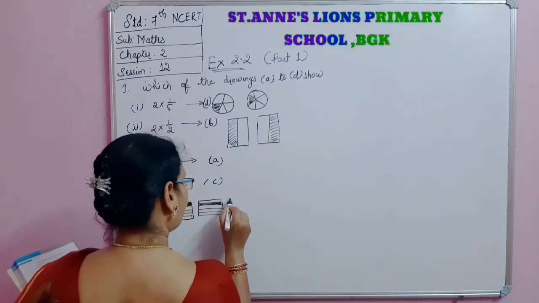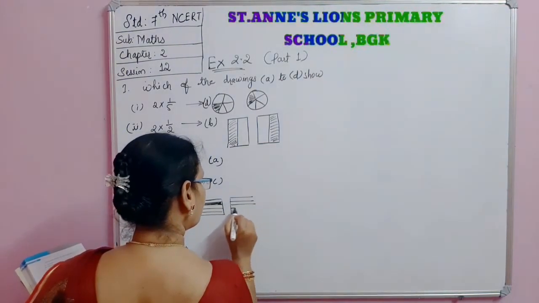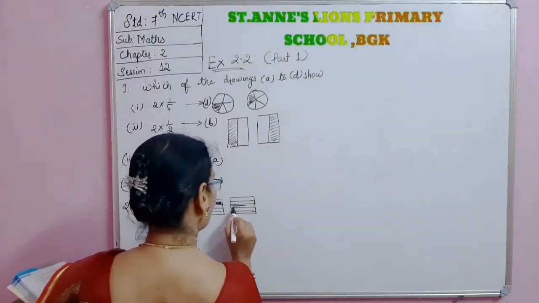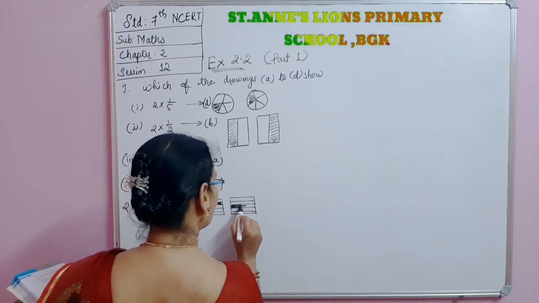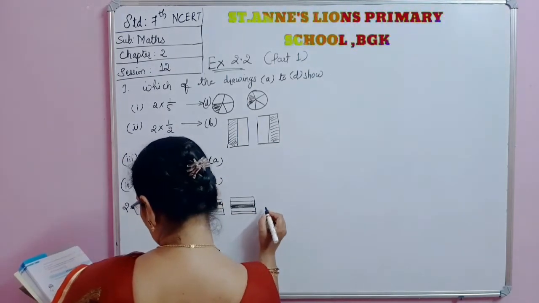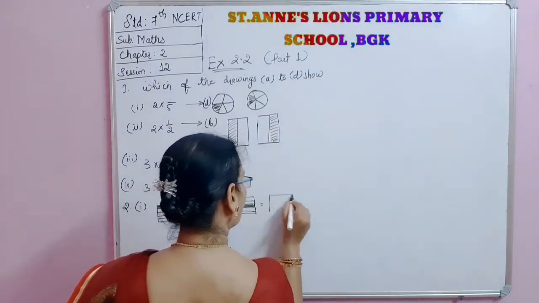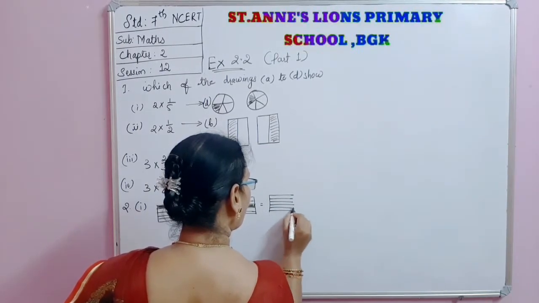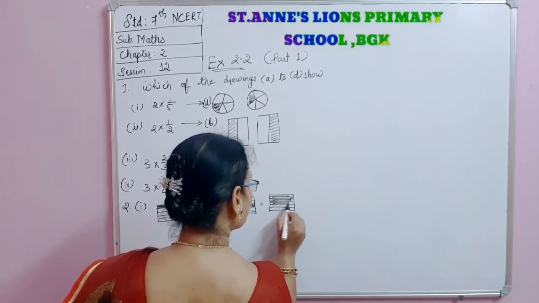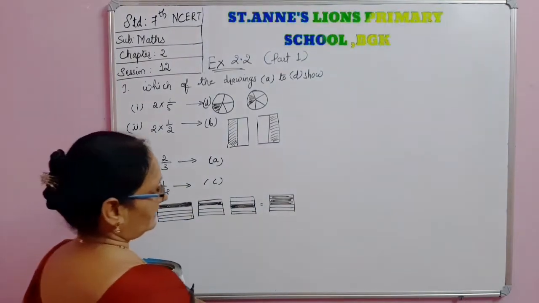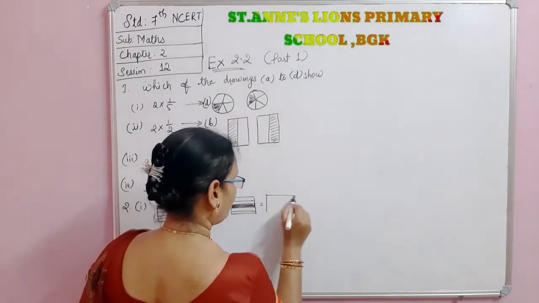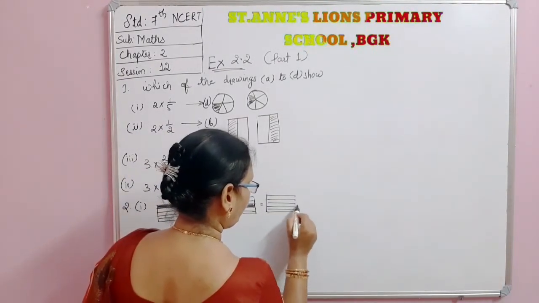Then in the third one, 1, 2, 3, 4, 5. In this third one is shaded. Better I can take 1, 2, 3, 4, 5.